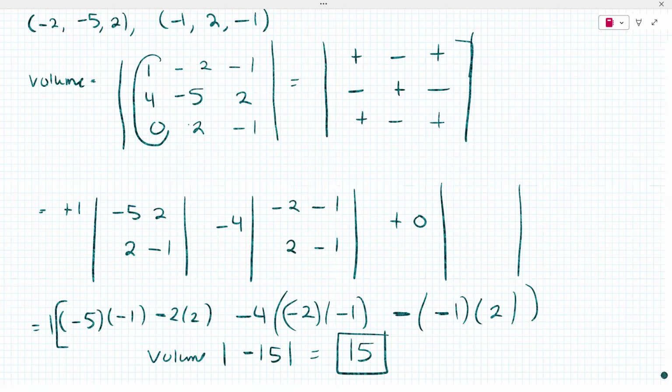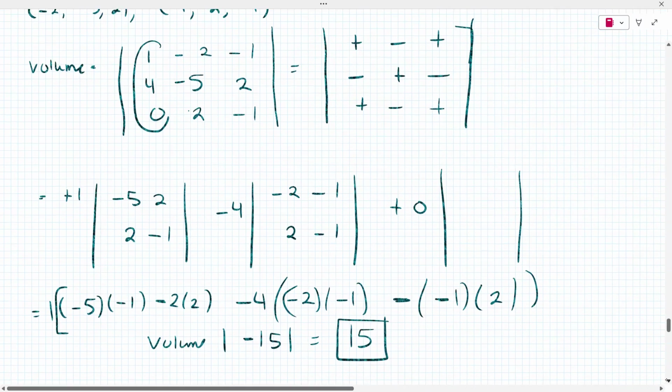Okay, and then briefly talk about linear transformation, and then we'll close it off with one example.